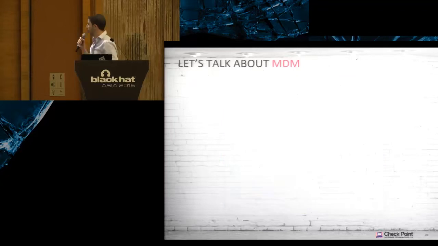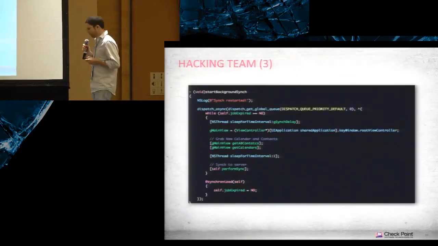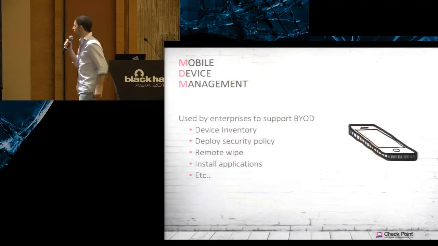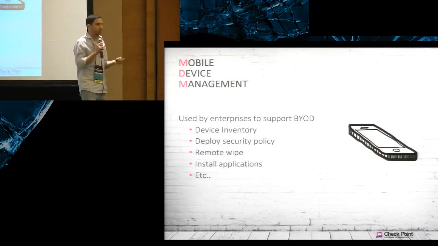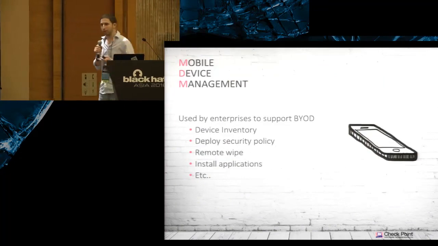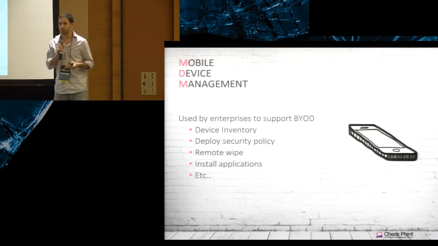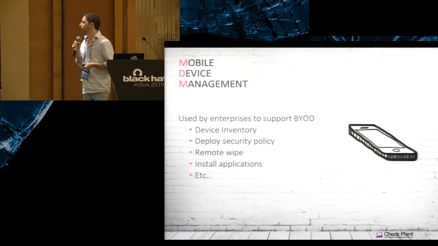So, MDMs. Let's say I'm an enterprise and I want to introduce mobile devices to my ecosystem. I need a way to manage them. I need a way to control them. So this is why I use an MDM, a mobile device management platform.